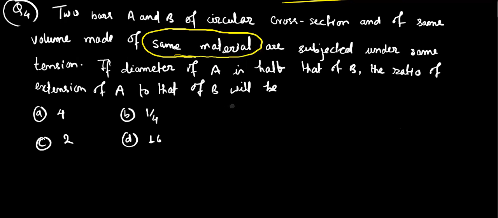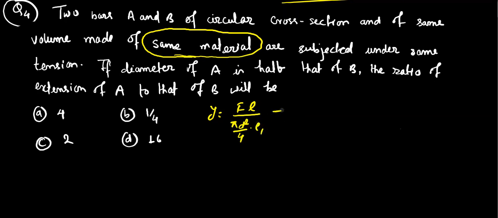So here I'm going to write the Young's modulus as force times L, that means original length, divided by area, that's why pi d square by 4 we can write here as cross sectional area, and this is extension del x or del L.